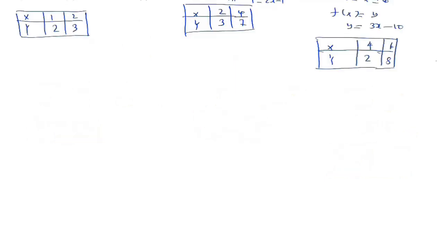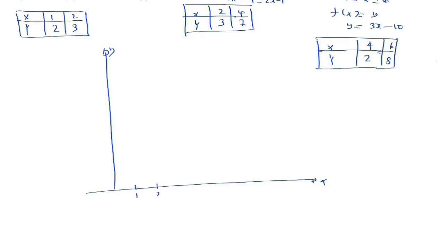Okay, so let us sketch our x and our y line. For the x, we are going to have 1, 2, 3, 4, 5, 6, 7, 8. And also for the y, we are going to have 1, 2, 3, 4, 5, 6, 7, 8, 9.